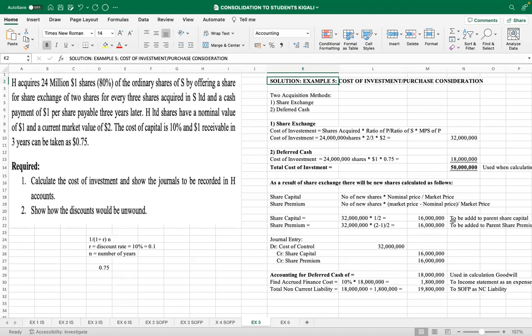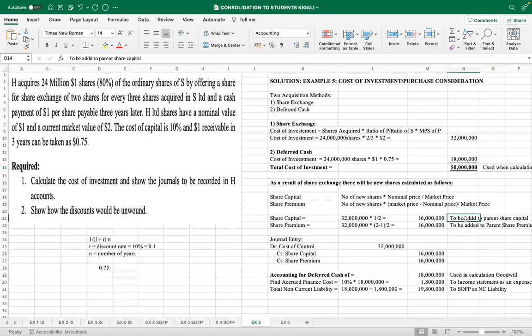We have known how to calculate it, but that alone is not enough. This is just one working out of the many workings that you'll be doing in exams. Once you have done your working, the point is how you transfer it to the consolidated statement of financial position and income statement. Remember, I've said this is used when calculating goodwill.